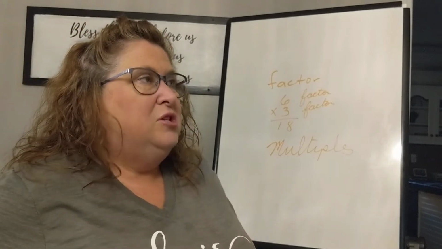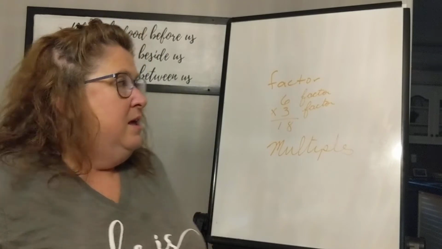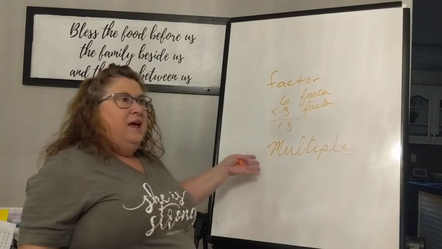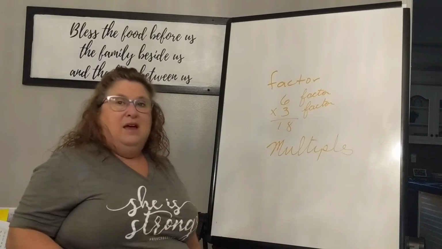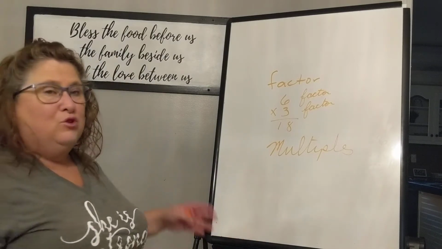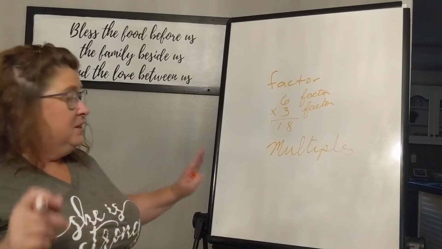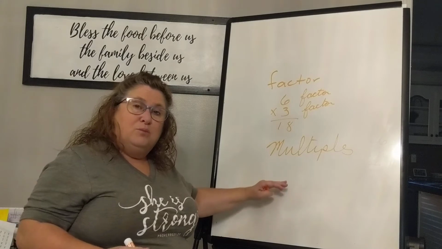If we are counting by 9s, every number we said is a multiple of 9. If we're counting by 3s, 3, 6, 9, 12, 15, 18, 21, 24, 27, 30, 33, 36, then every number we said is a multiple of 3.